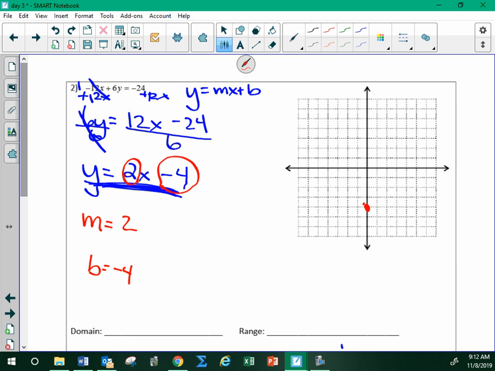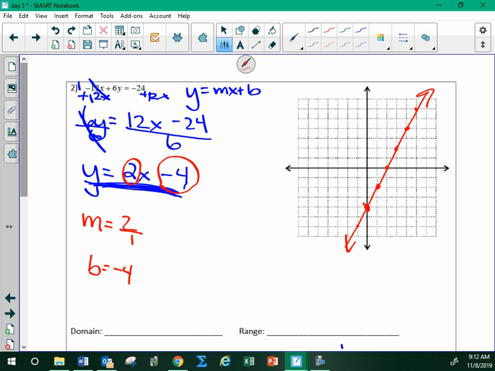So 2 is the same thing as 2 over 1. From here, go up 2, over 1. Up 2, over 1. Up 2, over 1. And you can keep going, but again, you only need 3 points to make the line. Just make sure we have a positive slope. My line should have a positive slope there.